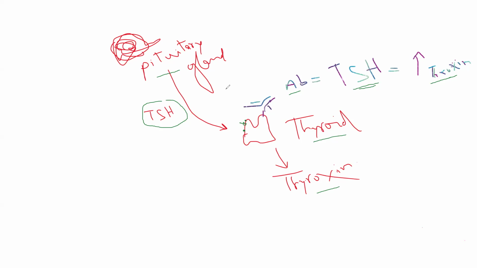So this coordination, this homeostasis, is disrupted, and more thyroxine is produced, resulting in hyperthyroidism. So more antibodies bind with the receptors and act like thyroid stimulating hormone, and therefore the system produces more thyroxine, and the rate of respiration increases.